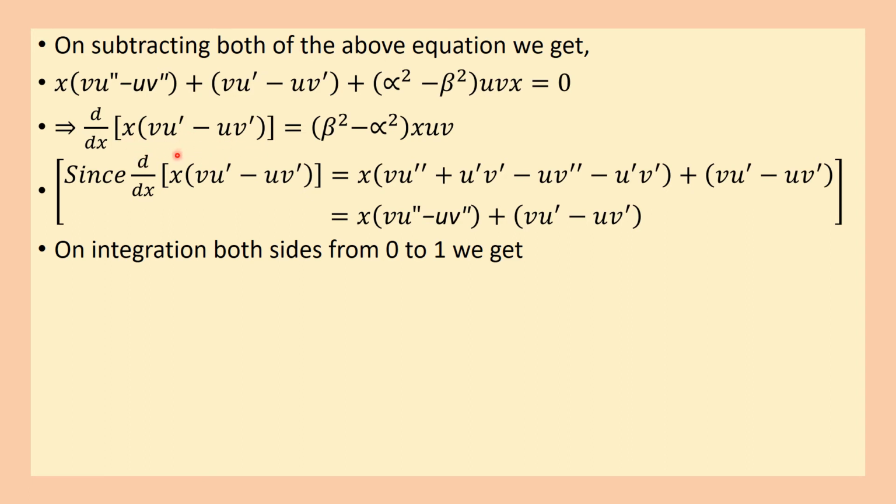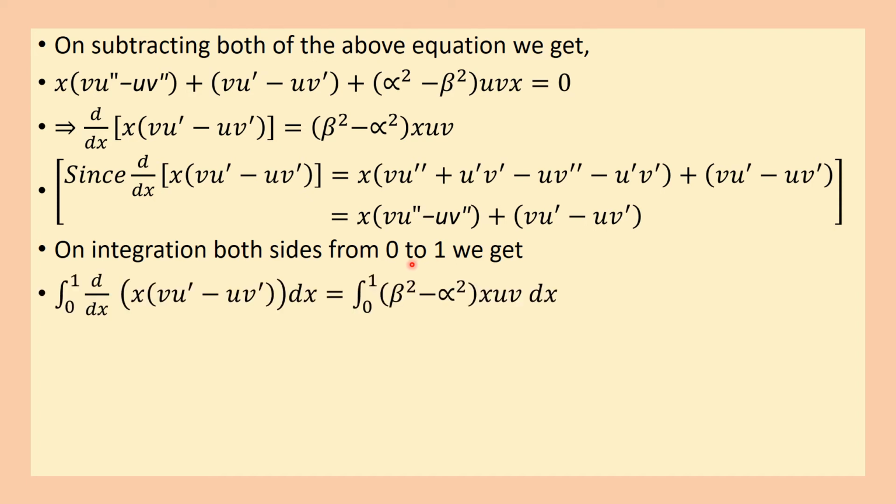Now the next step: integrating both sides from 0 to 1, we see what happens. The integral from 0 to 1 of d by dx of the function equals the integral from 0 to 1 of (beta square minus alpha square) x uv dx.